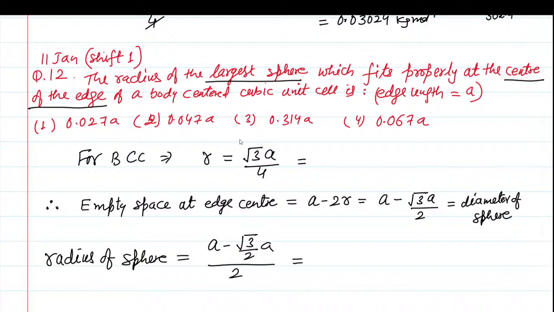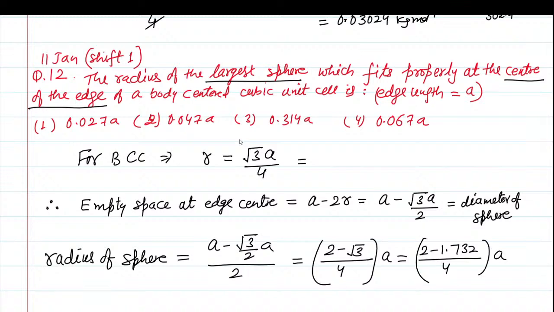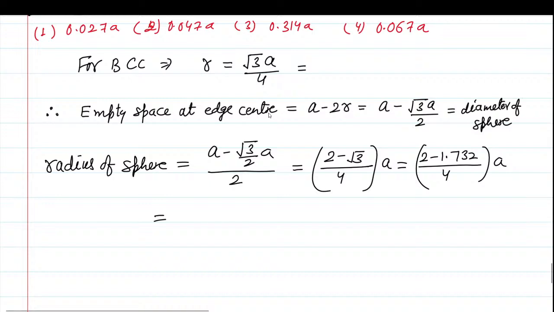Half of the diameter. It is A times 2 minus under root 3 divided by 4. So it is 2 minus 1.732 divided by 4A. Option D. Very good, beta. You are right.